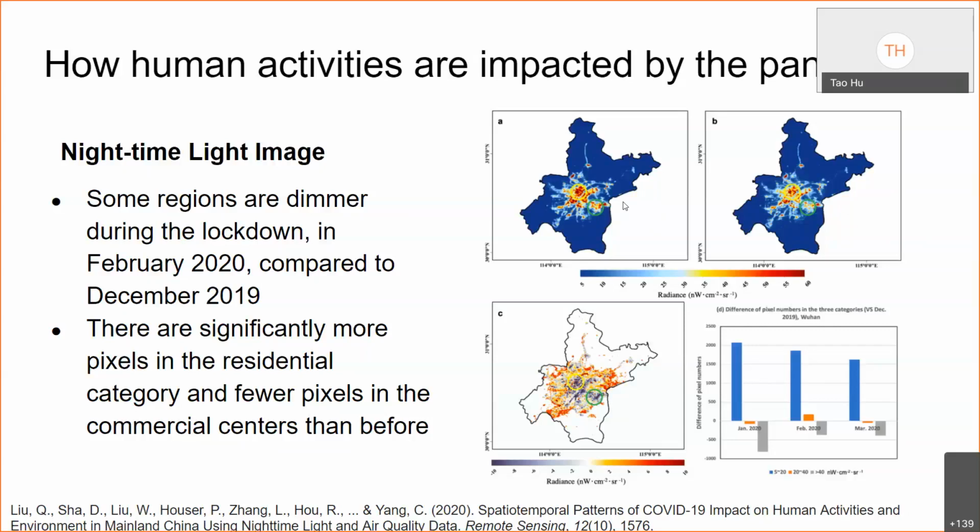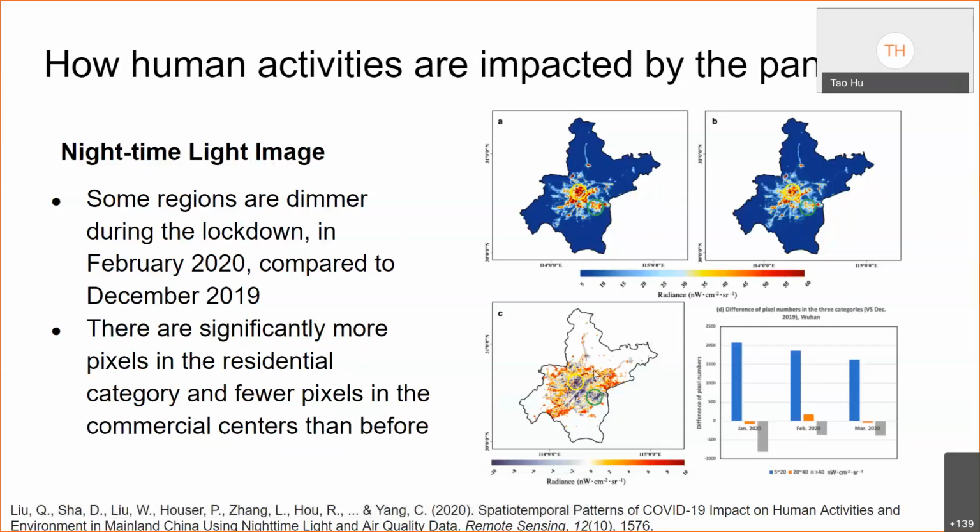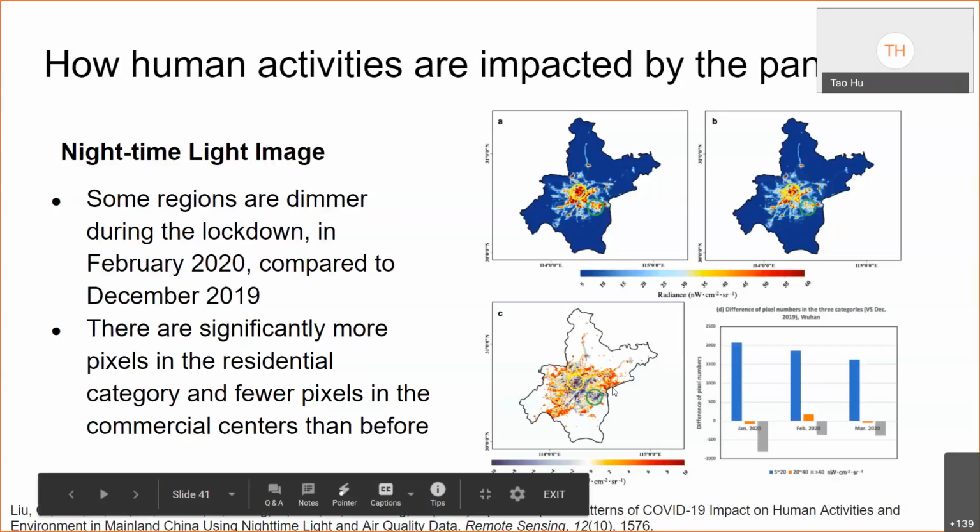Comparing these two images, you can find some regions are dimmer during lockdown in February compared to December 2019. And there is another figure here, in which different colors indicate different categories.